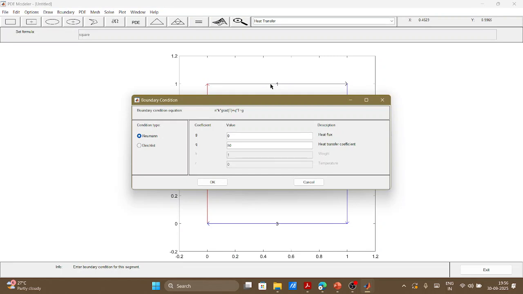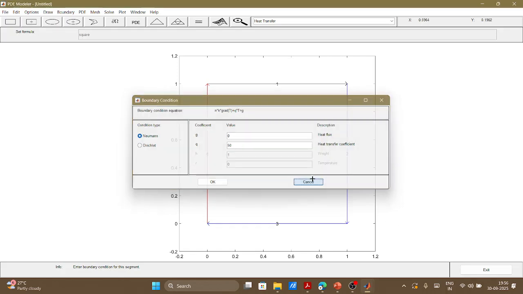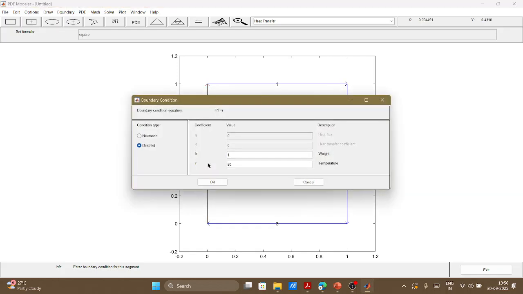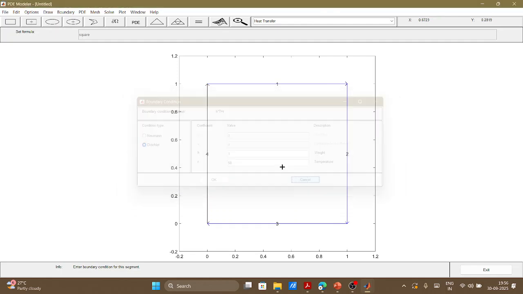My heat flux is 0. Gradient of T is equal to H into T. Why will this happen? 50.